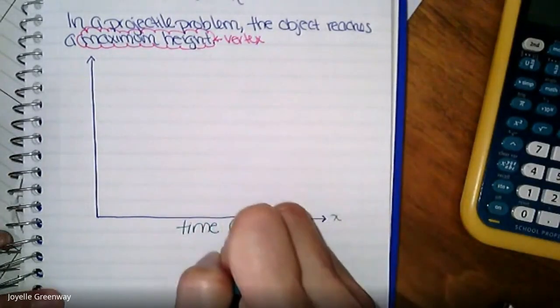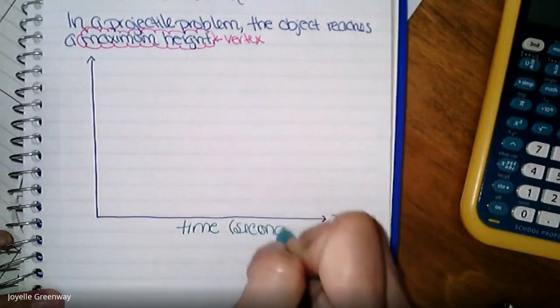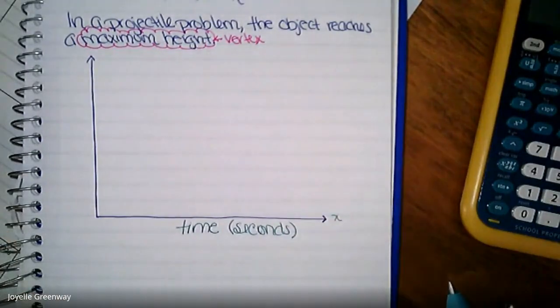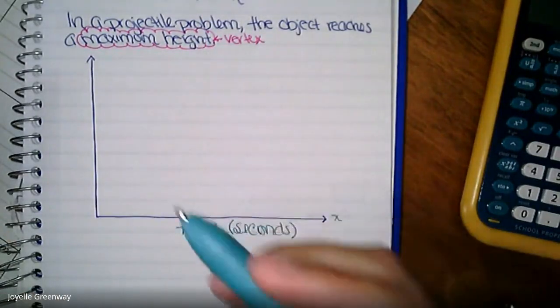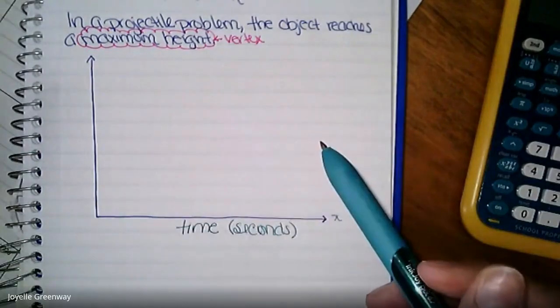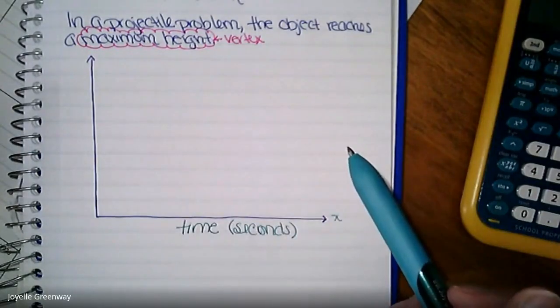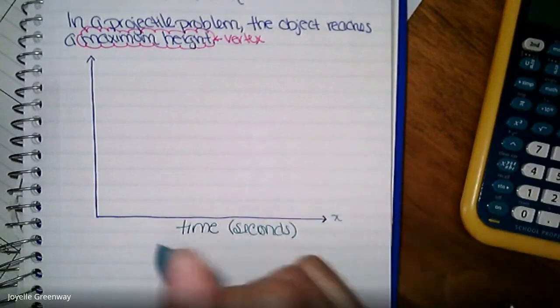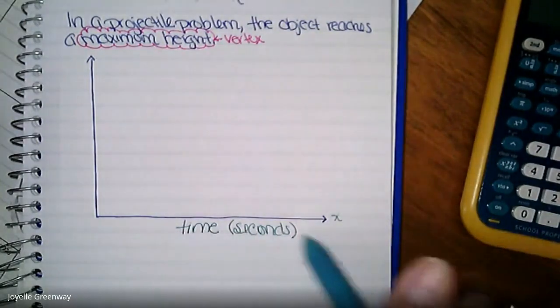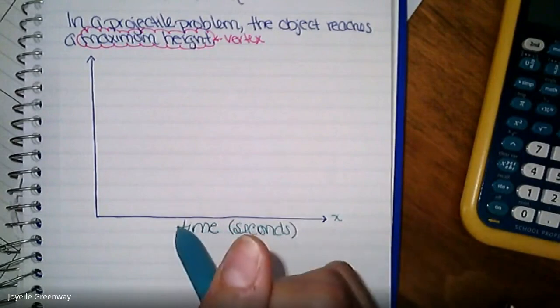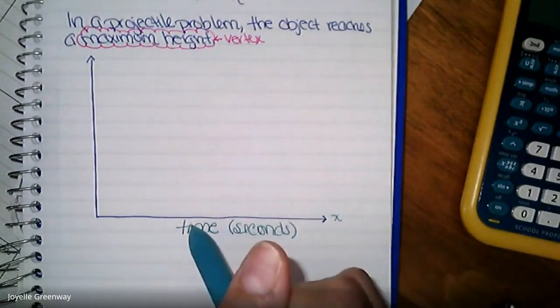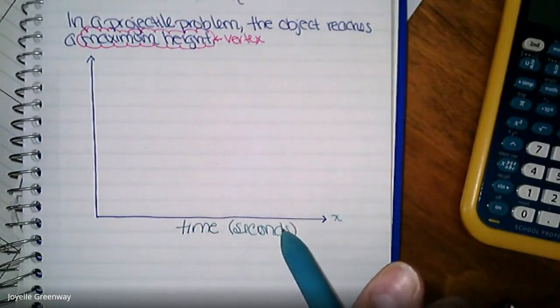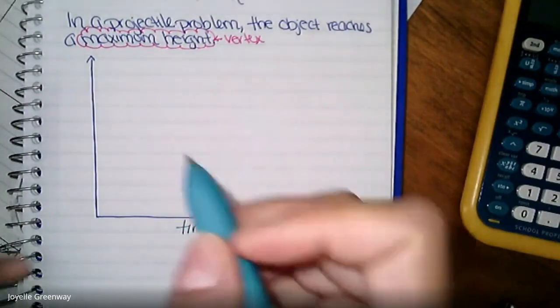Typically with projectile motion you're dealing with seconds, but it could be minutes or hours. But if you're thinking about something being thrown or kicked or launched, it's usually seconds. So your time, which is your x coordinate, is going to give you the time that this object takes.